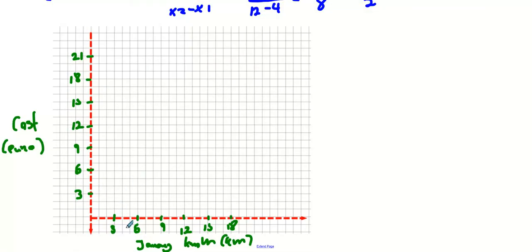So this is 4. And where's 8? 8 is here. So this point here is 4, 8. 12, 12 should be easy enough to do. There's 12, 12. Now we draw this line and continue it straight through.